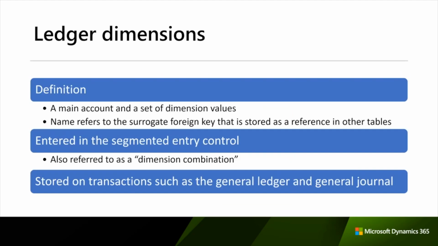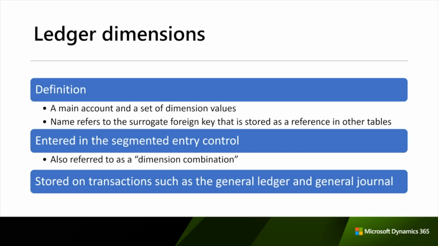A ledger dimension, as contrasted to a default dimension, is a main account and a set of dimension values. The ledger dimension name also refers to the surrogate foreign key that is stored as a reference in other tables. Ledger dimensions are entered in the segmented entry control, and sometimes I will refer to them as a dimension combination.